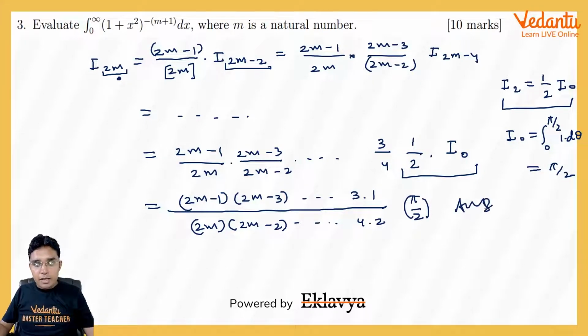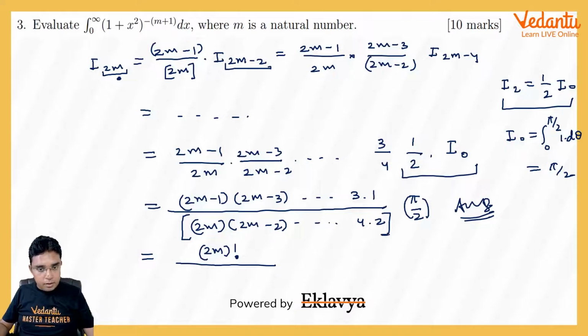You may leave it here, or you can do one thing by multiplying 2m, 2m minus 2, and so on, whatever they are in the denominator. In the numerator also, I think we will get 2m factorial. But then there will be the square of whatever is here in the denominator.